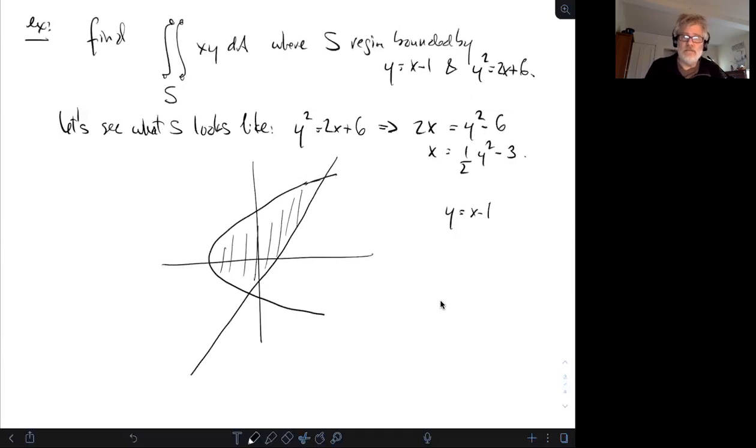Is it type 1 or type 2? Well, it's actually both. You can see it as a type 1 region if you wish, but it's way more complicated to do it. It's much easier to see it as a type 2. So it's both type 1 and type 2, but cleaner, easier as type 2.